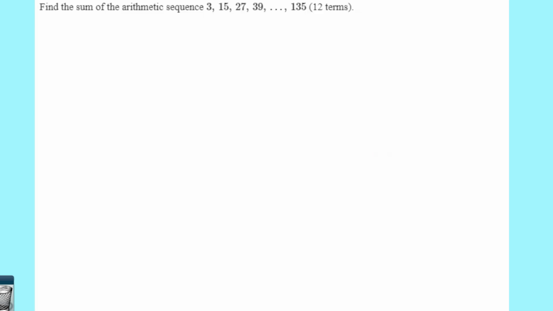All right, so we want to find the sum of the arithmetic sequence. We have 3, 15, 27, 39, and 135. Notice that it gave us the last term. So we want to find the sum of the first 12 terms. Well, the sum of any number of terms is just n over 2 times the first term plus the last term. So replace that n with 12, because that's how many terms we have.